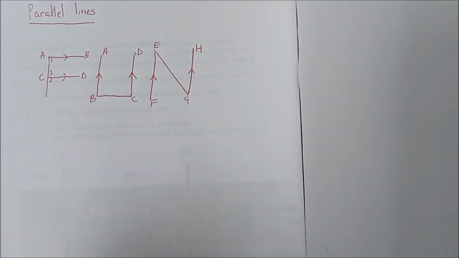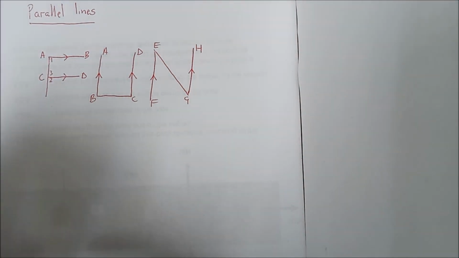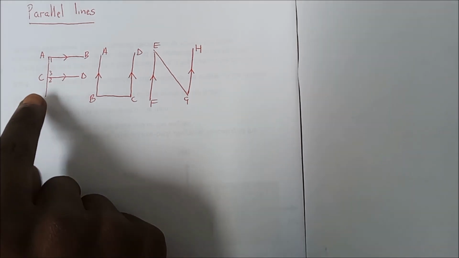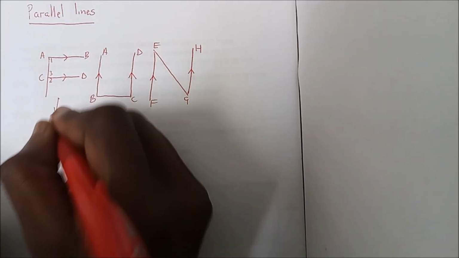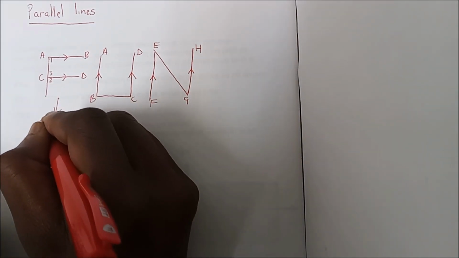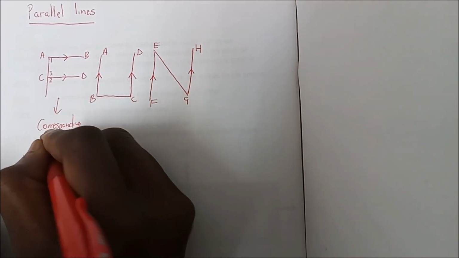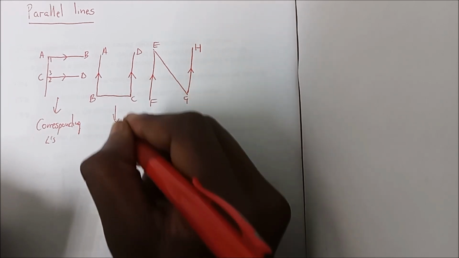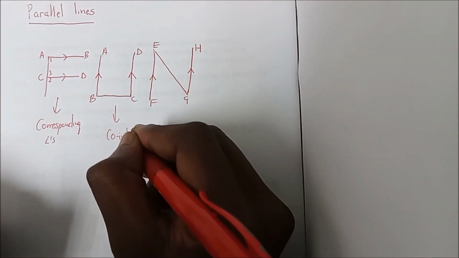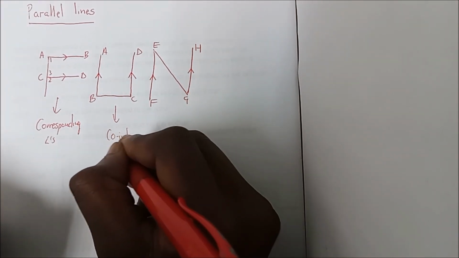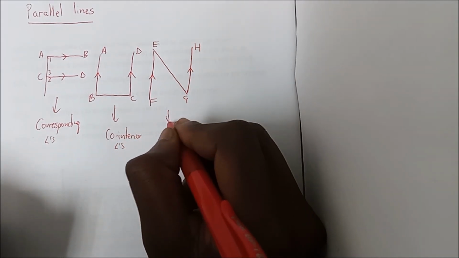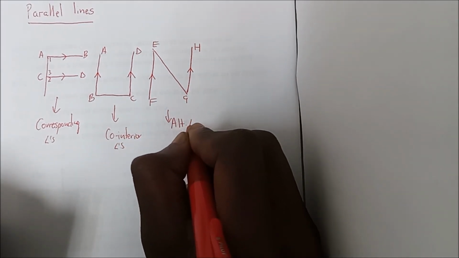So these are parallel lines. What we know is this is corresponding angles, and then this is co-interior angles, and then this is alternate angles. So this is what we know about parallel lines.